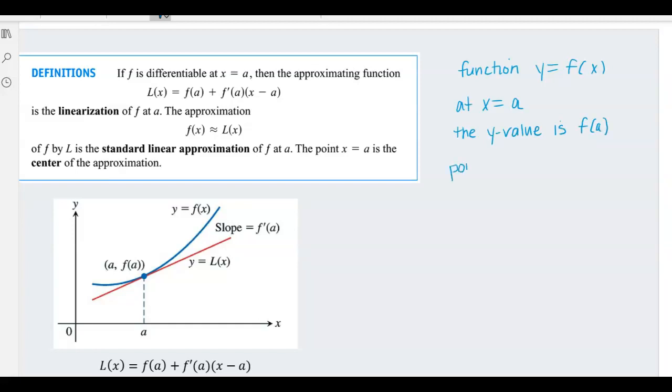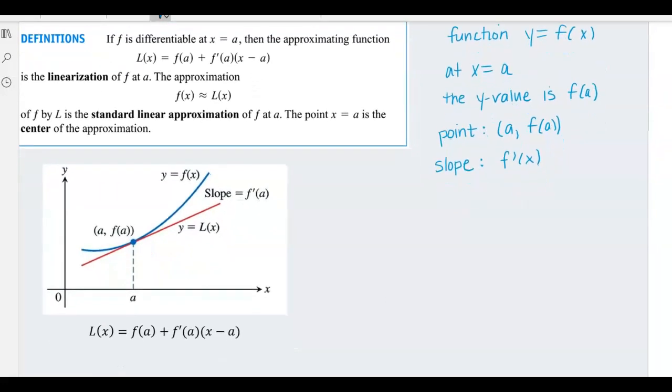So the point that we're talking about, the tangent line, would be at (a, f of a). The slope is going to be the derivative of that function that we started with. The slope would be f prime of x, taking the derivative.